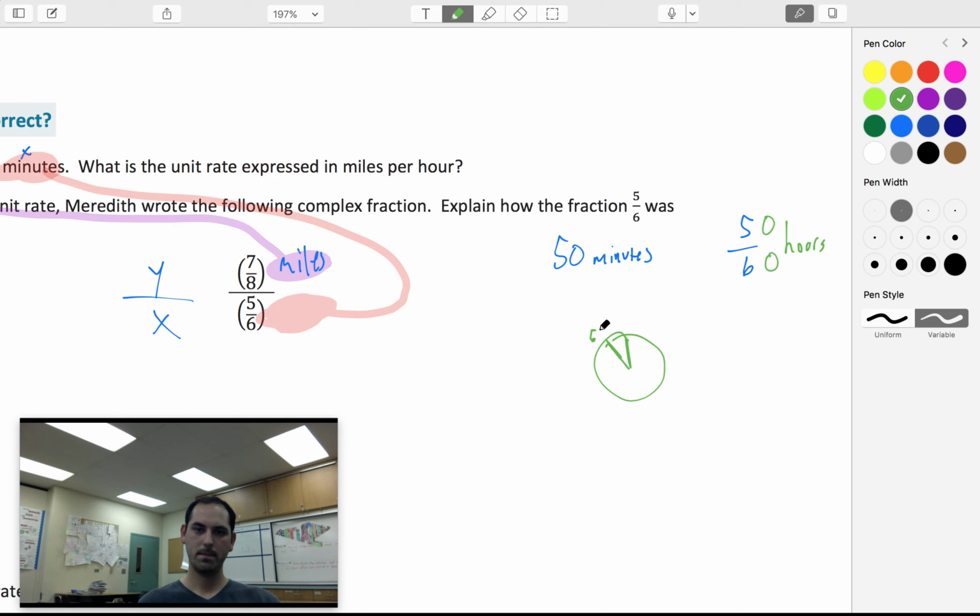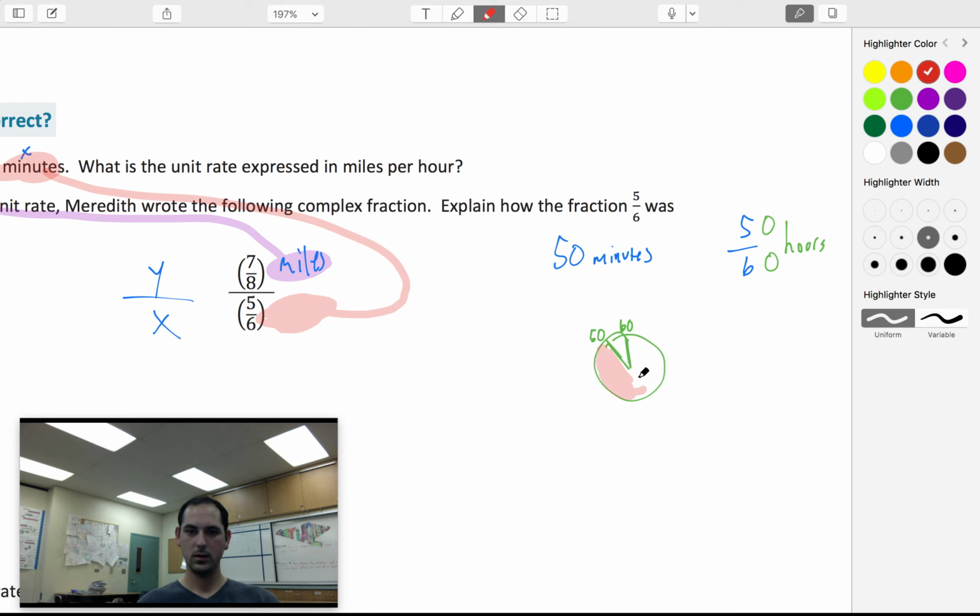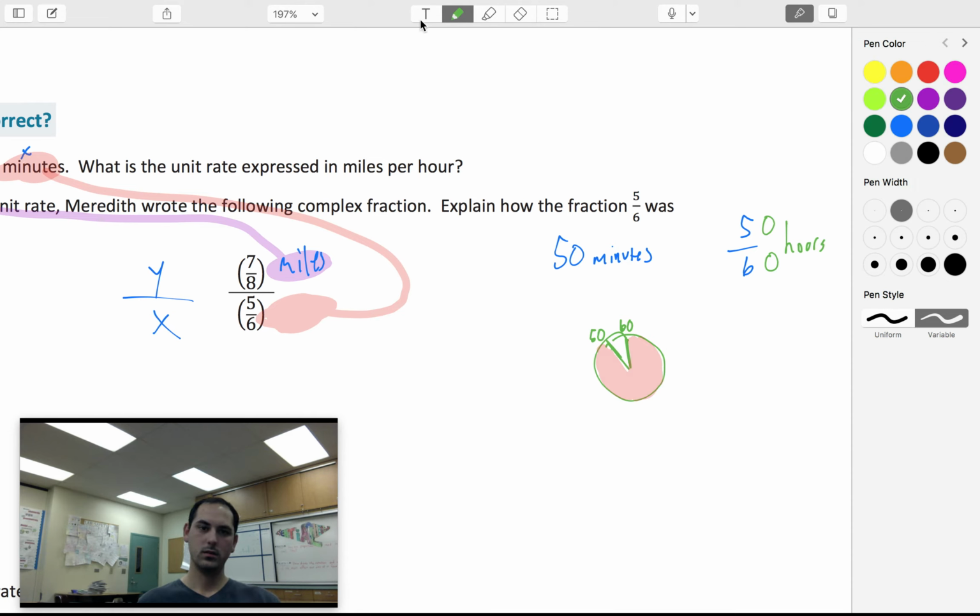So there's 60 minutes possible, and you have 50 possible out of all 60. But they reduced it after they did the 50 out of 60, and that's how they went back to 5 out of 6, because they divide by 10 top and bottom.